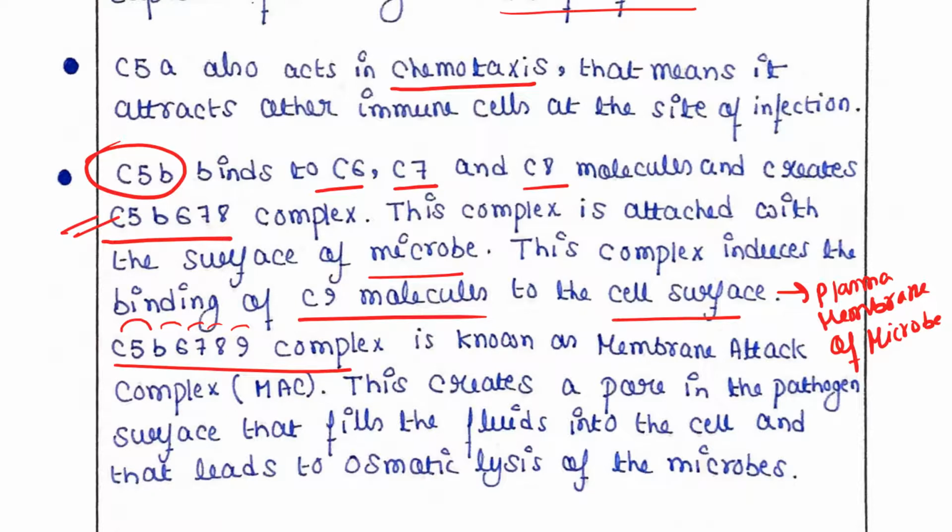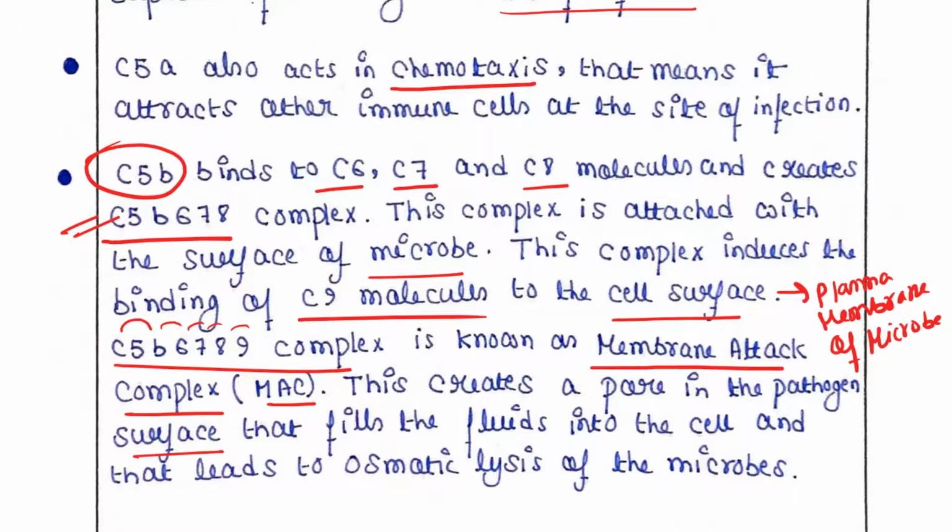This complex is known as the membrane attack complex or MAC. So what is the membrane attack complex? It creates a pore in the pathogen surface that fills the cell with fluids, which leads to osmotic lysis of the microbes.